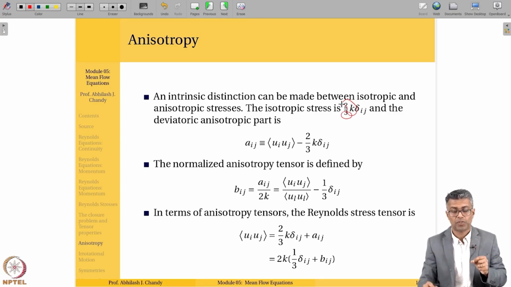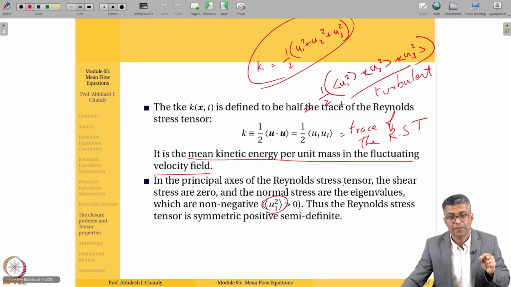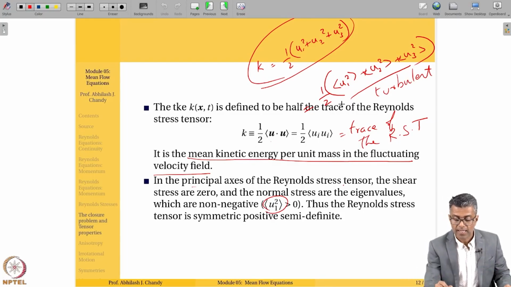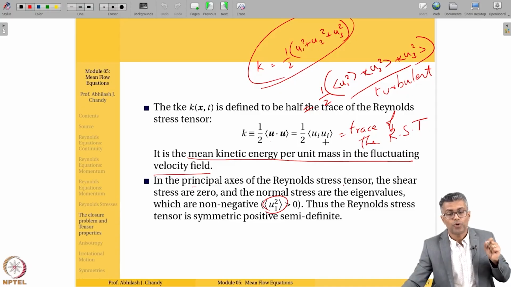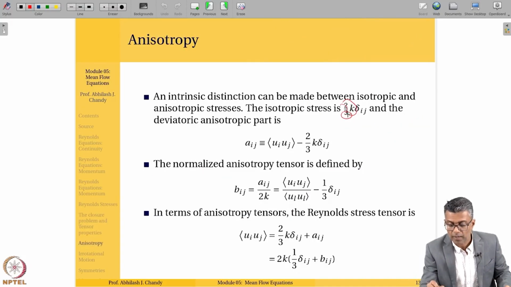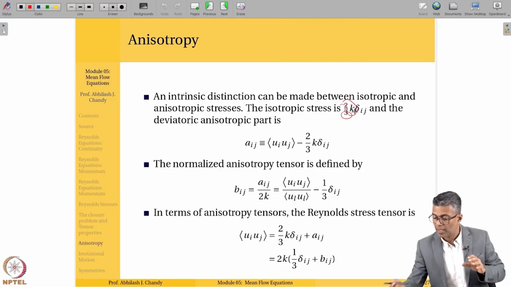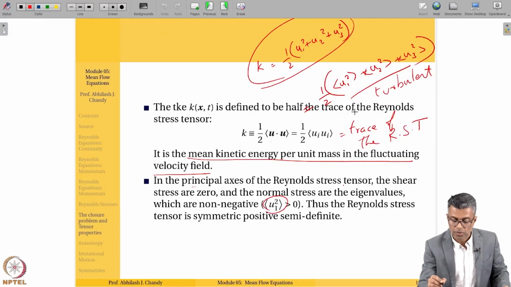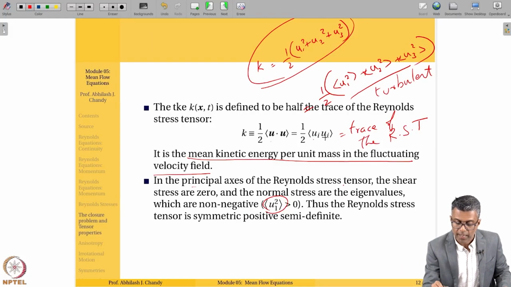velocity, the fluctuating velocity. So how did we define K earlier? We defined K earlier as half UiUi. So now we are writing 2/3 K. The 2 times K comes about because UiUi can be expressed as 2 times K from here.